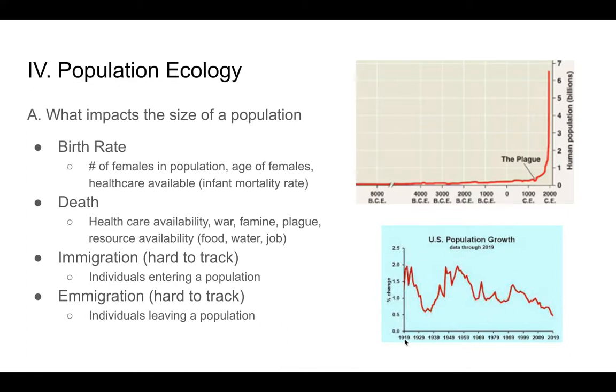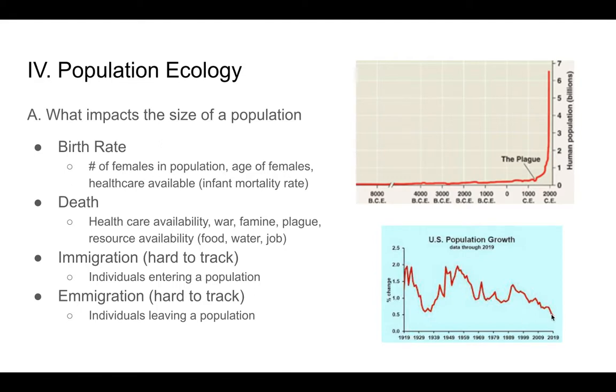You can see from 1919 to 2019, we've kind of fluxed up and down and up and down. And we're currently in a slight downtrend for population growth rate. So this is a percent change of the population, which is a little more relatable to an overall growth rate. So we are in a decline.